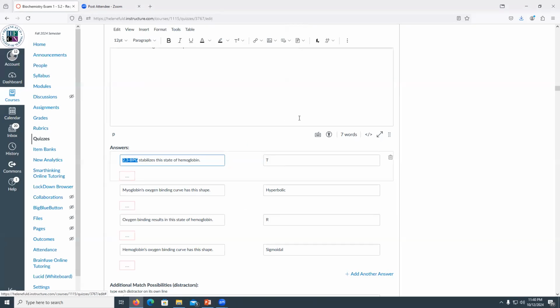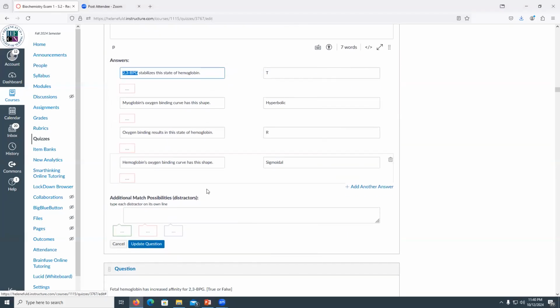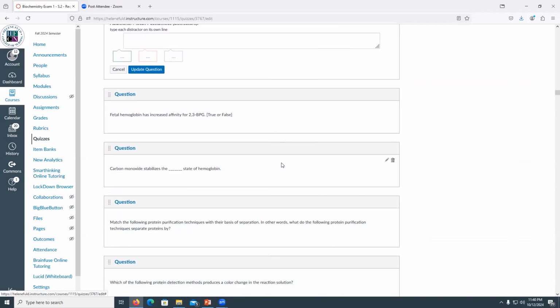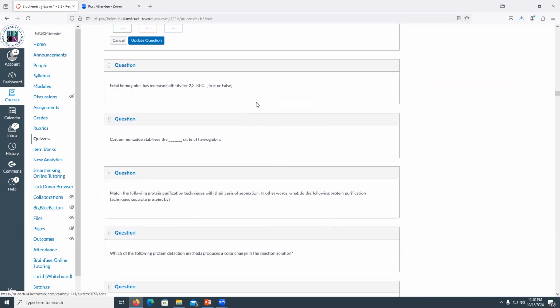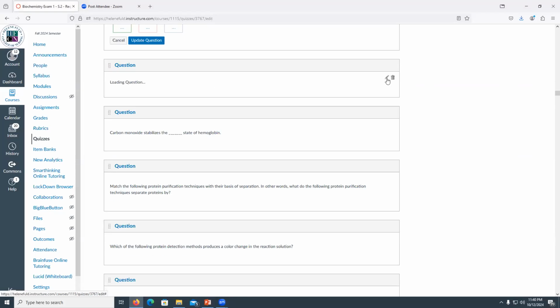Hemoglobin oxygen curve is hyperbolic. Oxygen binding results in this state of hemoglobin. Yes, it's going to be R, and the hemoglobin oxygen binding curve has this shape known as sigmoidal. Okay, the fetal hemoglobin has an affinity for 2,3-BPG. We said that it does not.